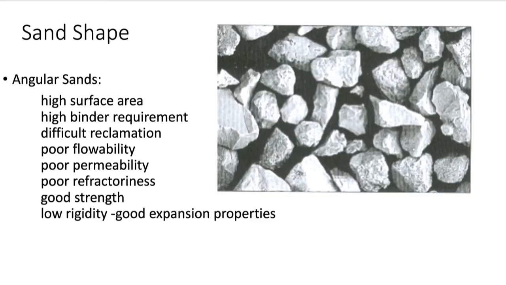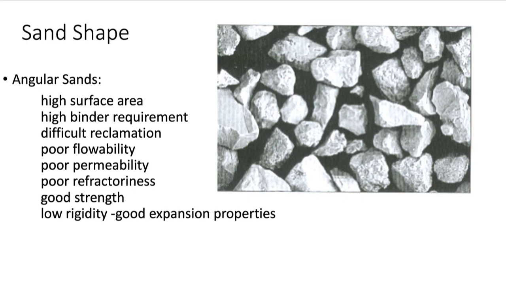Angular could be something that's been fractured, or just never had a chance to get rounded off by being in flowing water, or some sort of way of softening the edges. Angular sands have high surface area, so they're going to use a lot of binder.